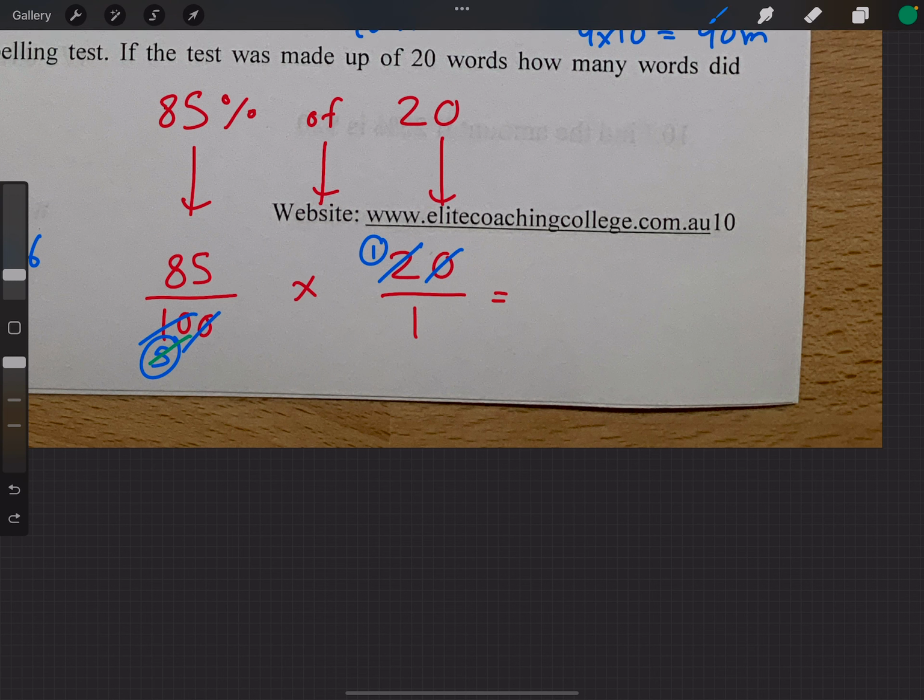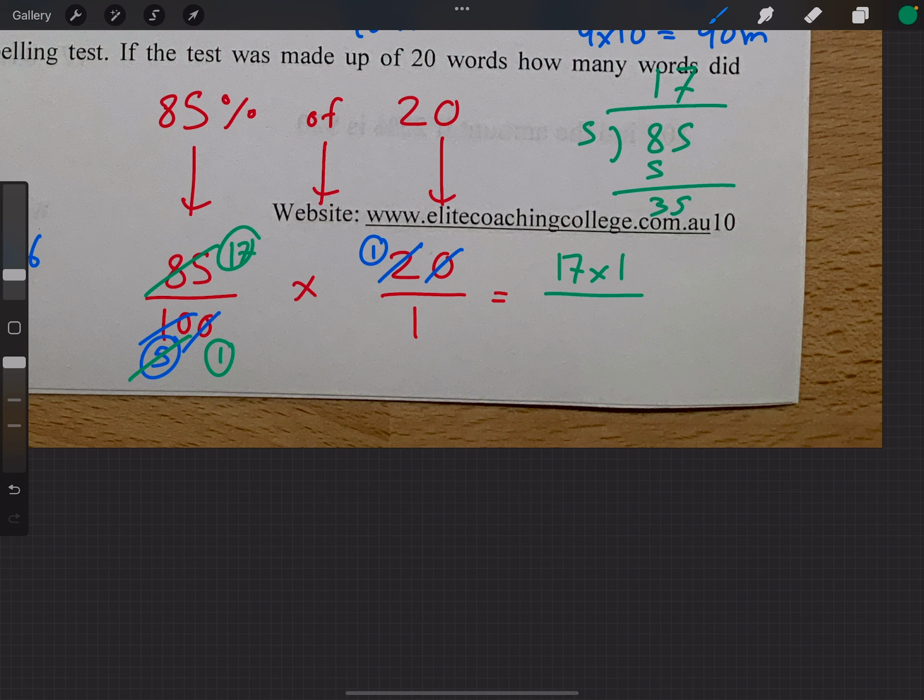I can divide this by 5, so I get 1. Divide this by 5. What's 85 divided by 5? Let's see. That will be 17. So the answer is 17 times 1 over 1 times 1. So that's 17 over 1, which is just 17.